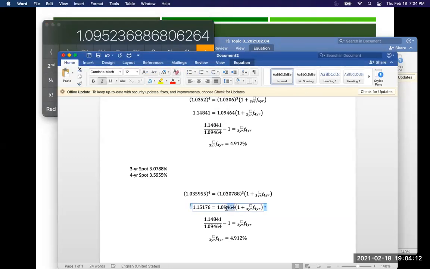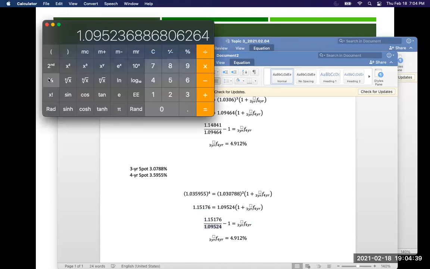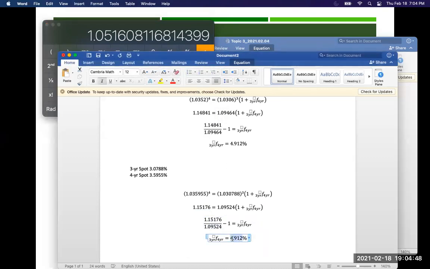That's at a 5.24 rounded. And the forward rate is 5.161%.